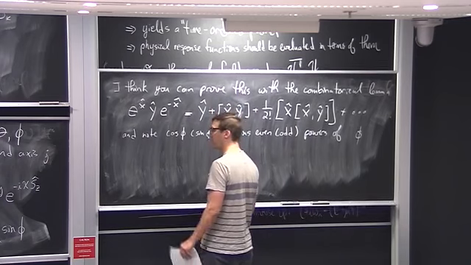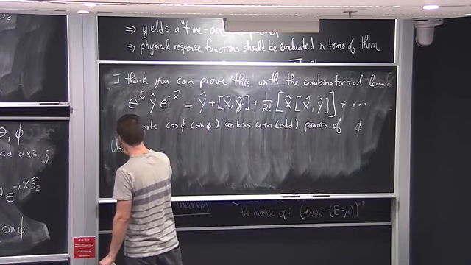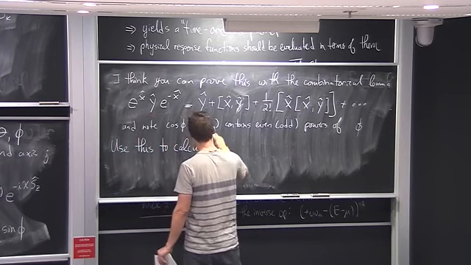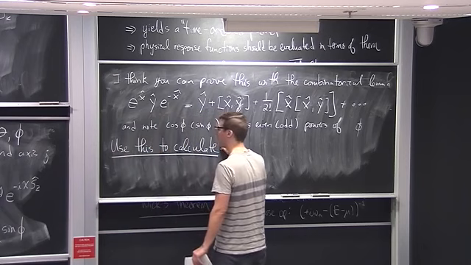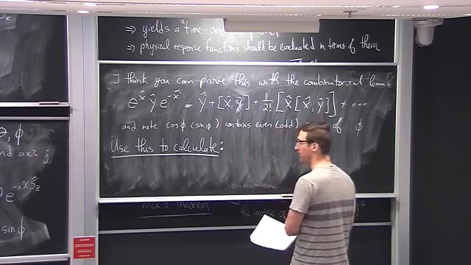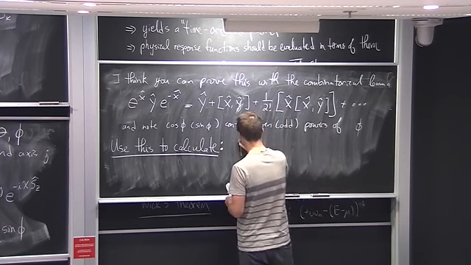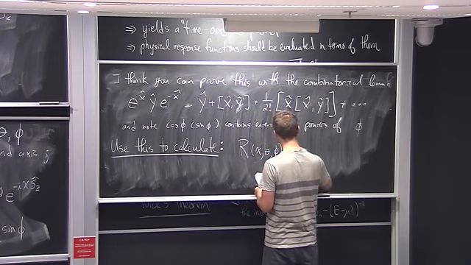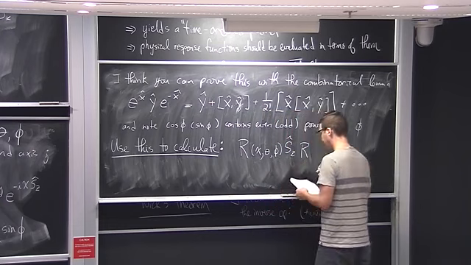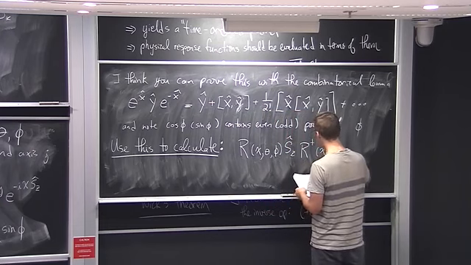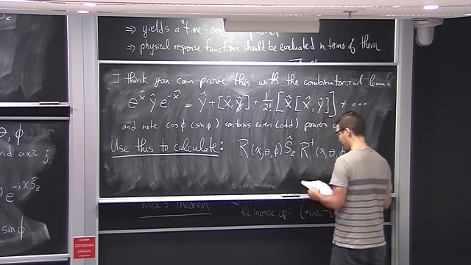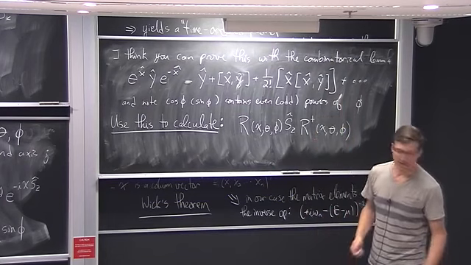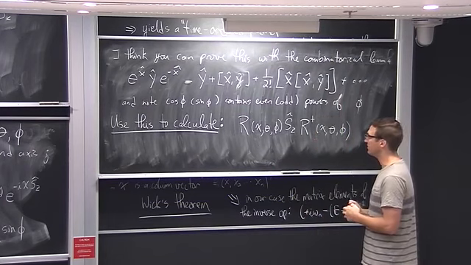So what we're going to do is use that identity to calculate R Sz R adjoint. I'll have to put that on this side. And this will be the thing that allows us to calculate the spin coherent state.